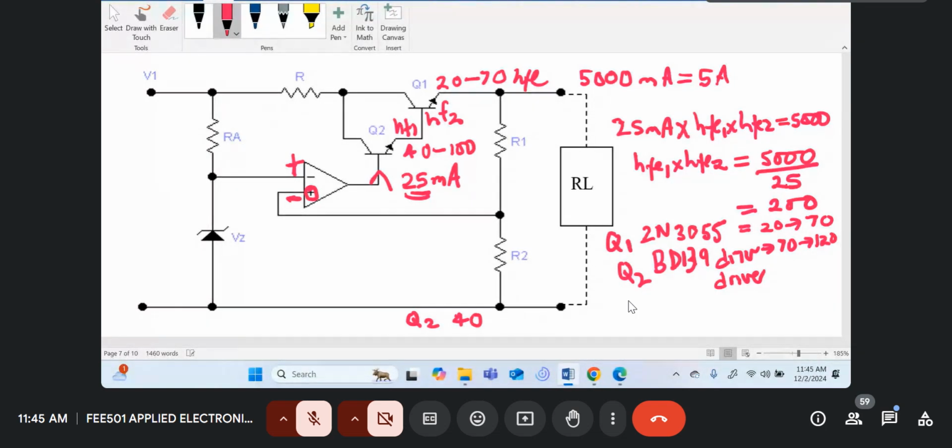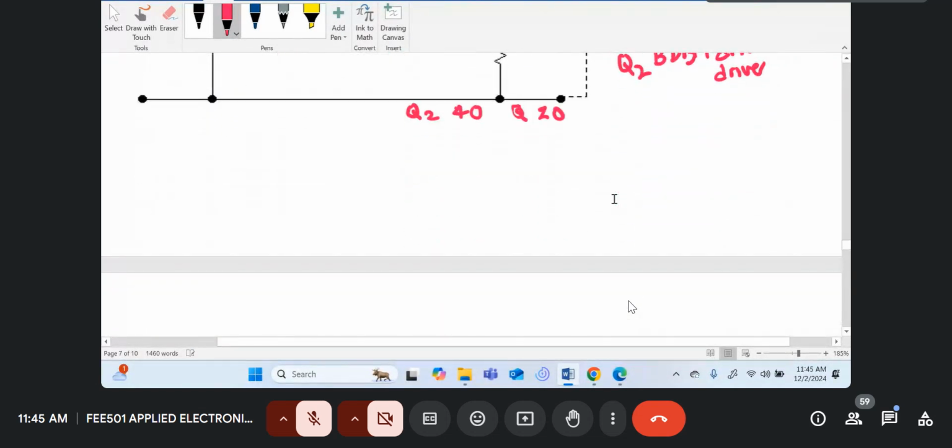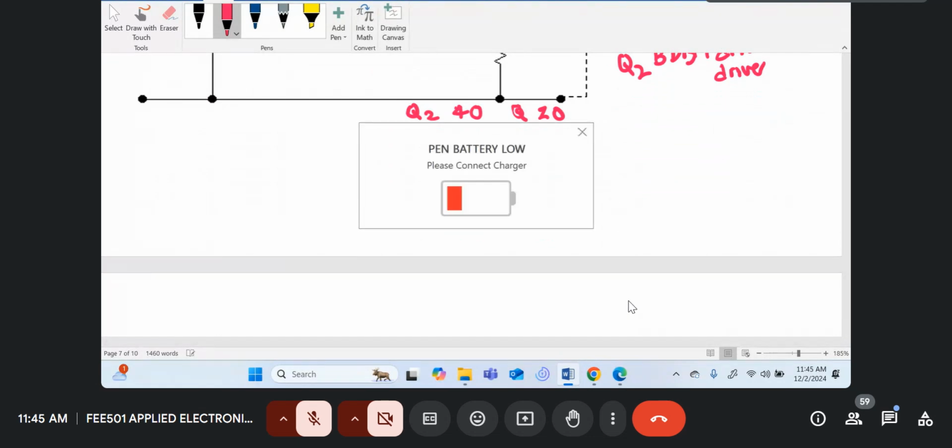So you can't assume you got the one over 100. And that is the safer assumption. Similarly, for Q1, the power transistor, let's assume an HFE of 20. Okay, so we can write HFE.